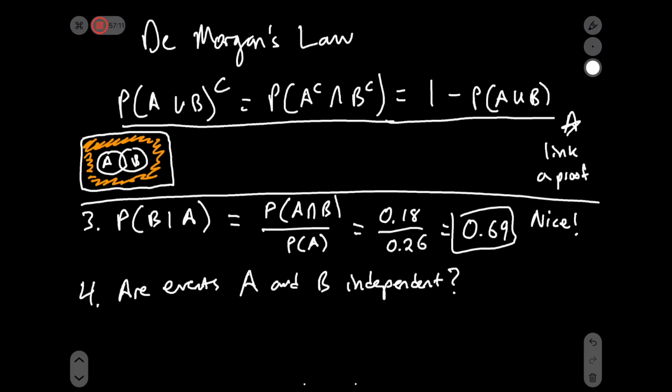Well, there's a simple test: if the probability of A intersection B is equal to the probability of A times the probability of B, then A and B are independent.